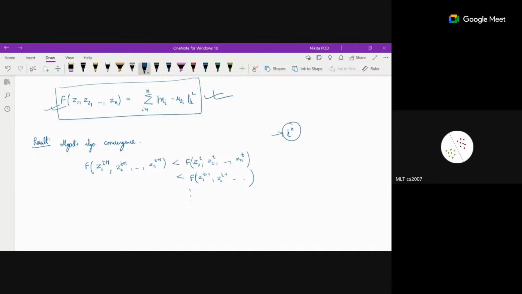It means the objective value at the t plus 1th iteration will be strictly lesser than the objective value at the tth iteration. Then the objective value at the t minus 1th iteration will be strictly lesser than the objective value at the tth iteration. So this is the sequence that it is following, right? At every subsequent iteration, its value is strictly decreasing.